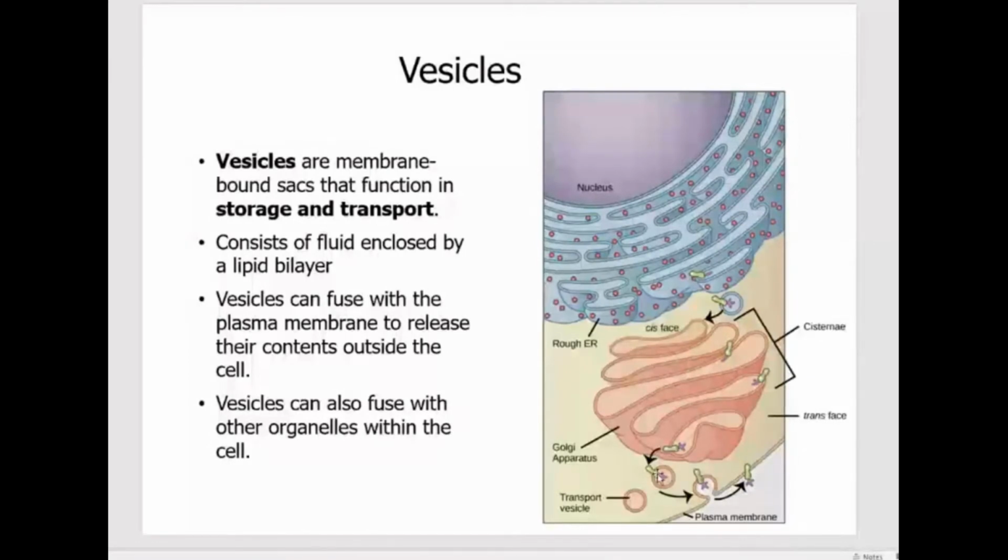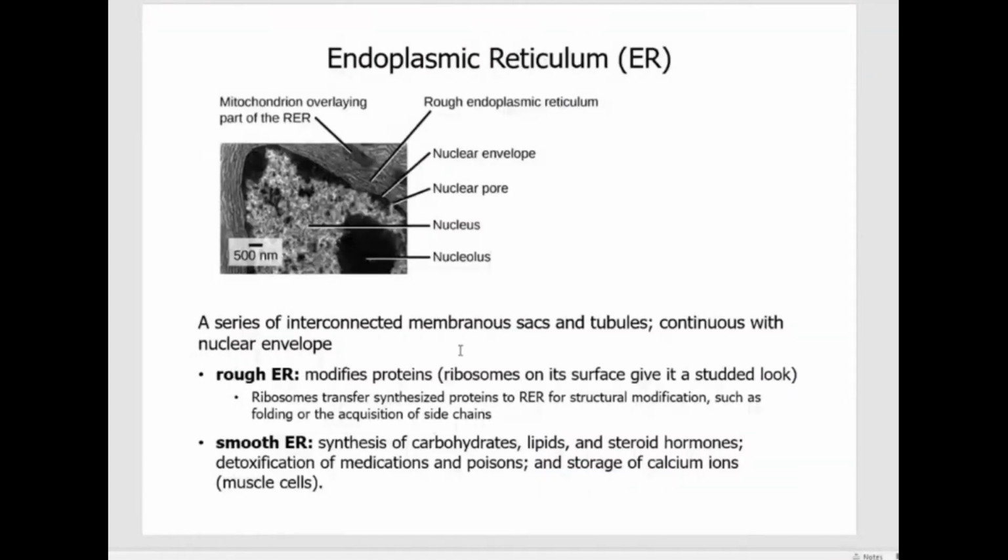Then you transport the substance to the plasma membrane, and it can fuse with the plasma membrane, and then it dumps its content out of the cell. So vesicles are basically like a public transport system. It delivers things.